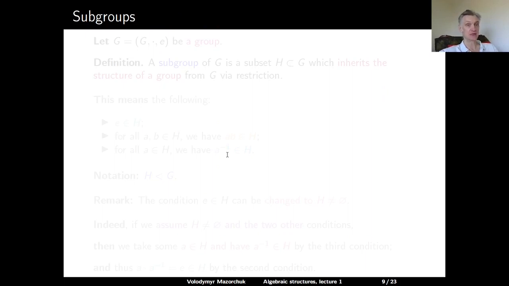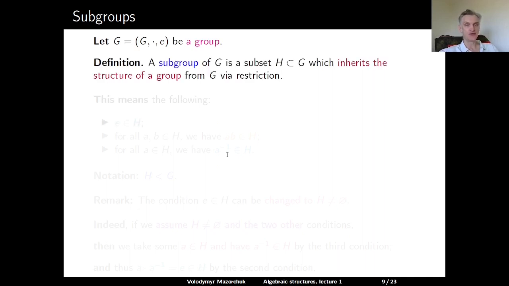Next, let us talk about subgroups. Let G be a group. Definition: a subgroup of G is a subset H of G which inherits from G the structure of a group via restriction. This means the following.